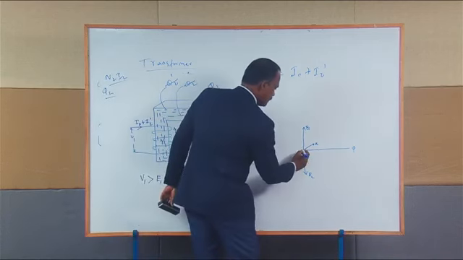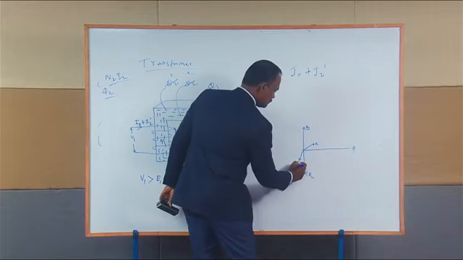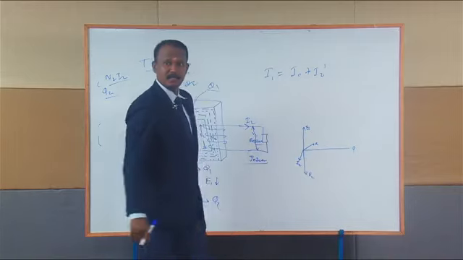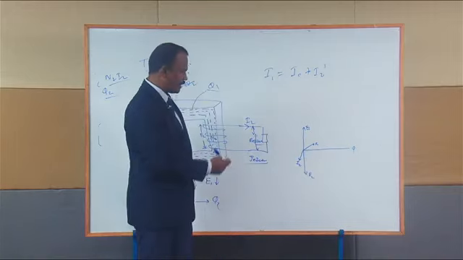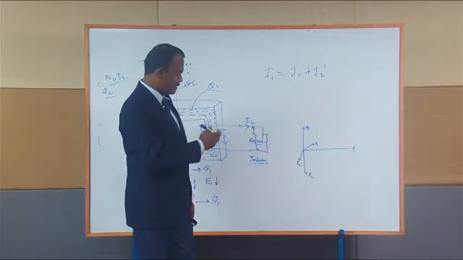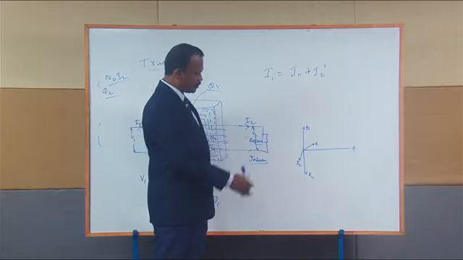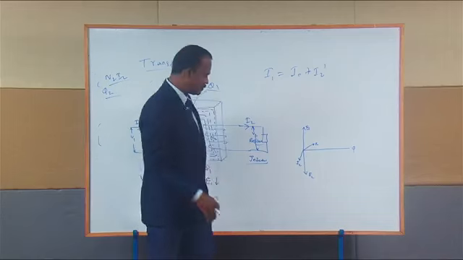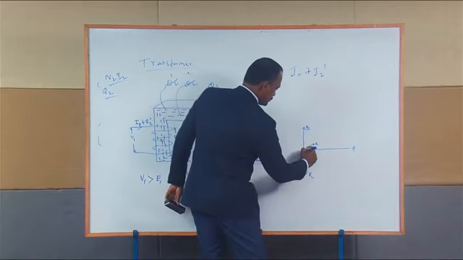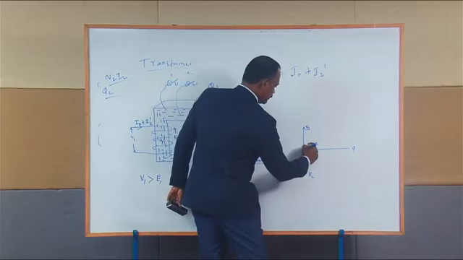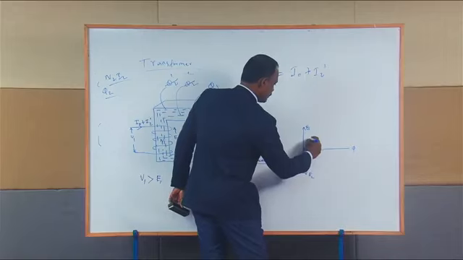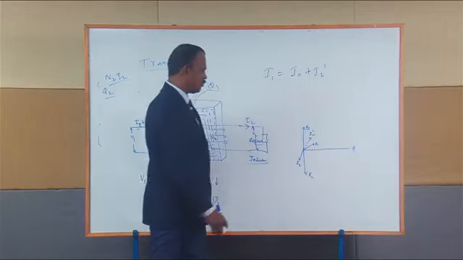If you draw your I2 somewhere here, this is my I2, then where will be your I2 dash? I2 dash is in phase opposition with I2 with the same magnitude. Then I can project my I2 dash somewhere here. This is my I2 dash. And what is your I1?